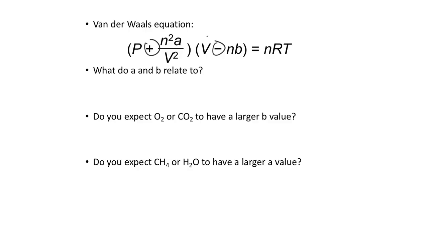So the V minus nB is a way to calculate our free space and to correct for the assumption that the gas particles don't occupy volume. It's subtracting the space occupied by the matter in the container. So we're correcting for intermolecular forces with the a term, and correcting for the space occupied by matter with the b constant.